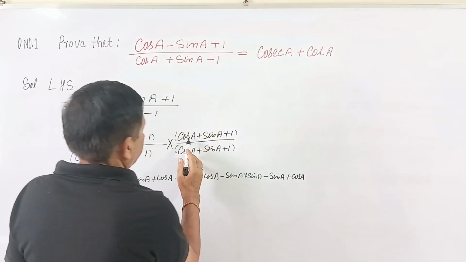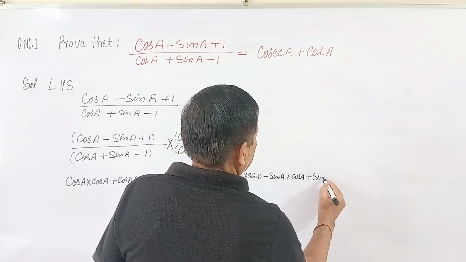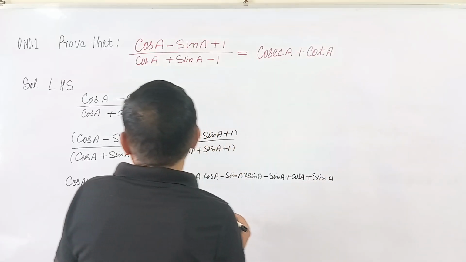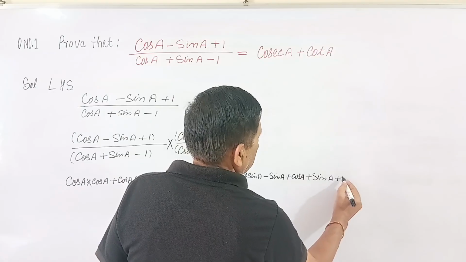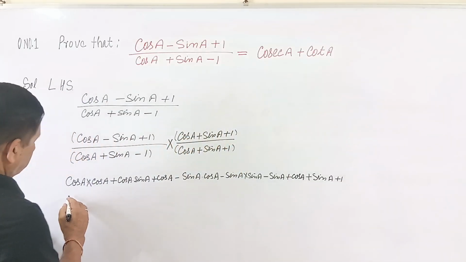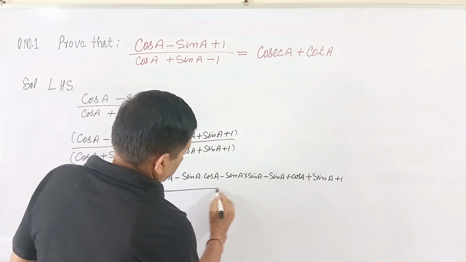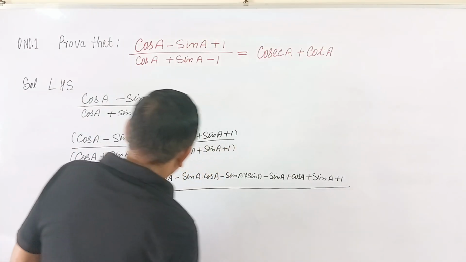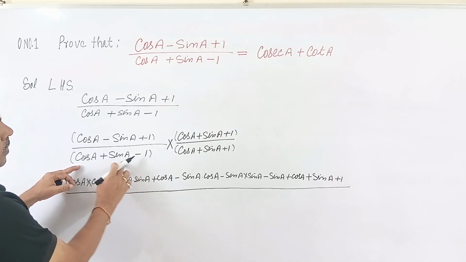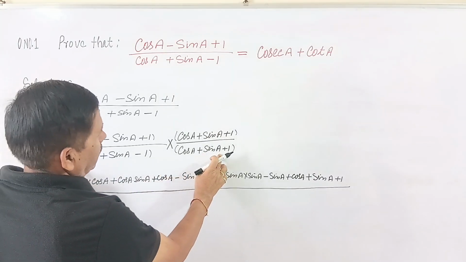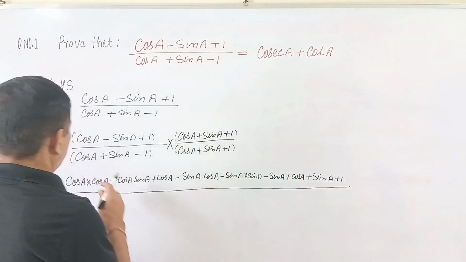Now 1 will be multiplied: cos A plus sin A plus 1 upon, for the denominator, cos A plus sin A, let us say it is A, and cos A plus sin A plus 1. So this becomes in the form of A square minus B square.